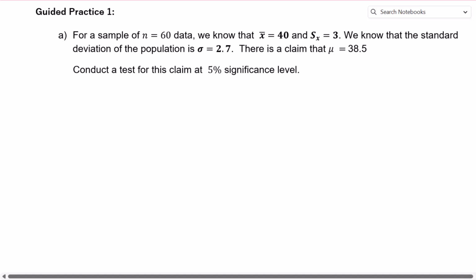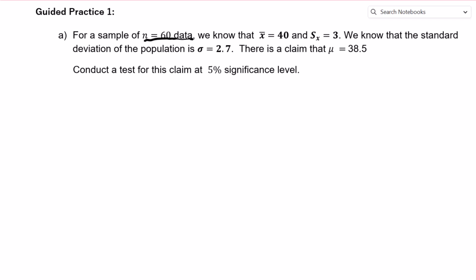For a sample n equals 60 data, we know that x bar equals 40 and S sub x, which is S sub n-1, unbiased estimate of sigma equals 3. We know that the standard deviation of the population sigma equals 2.7.